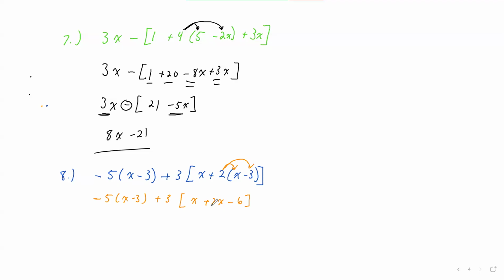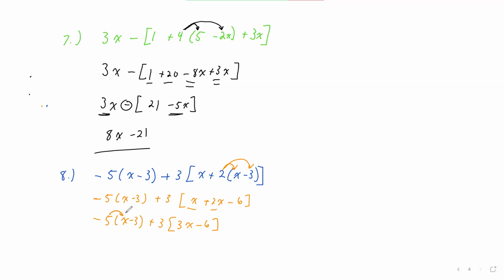All right, so then I'm going to simplify inside the brackets. I can combine the x's, so that becomes 3x minus 6. Now I have two different sets of parentheses that need distributing, so I'm going to do them both at the same time.